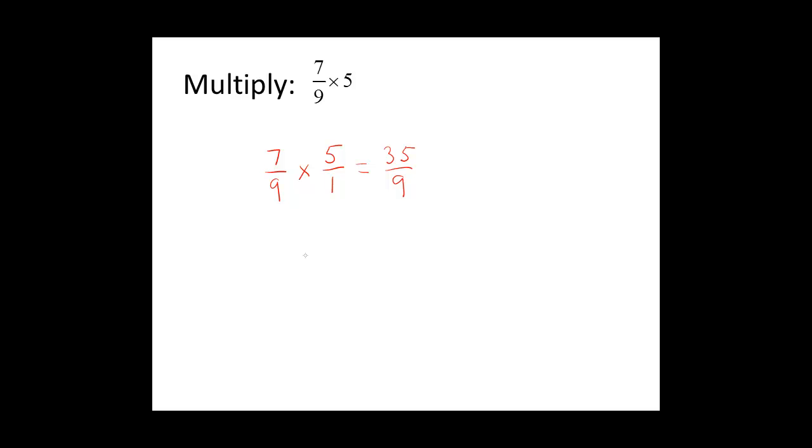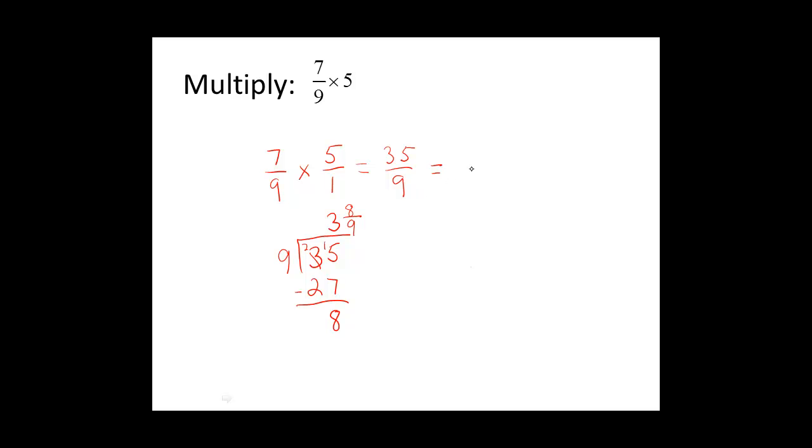We could also write this as a mixed number by putting the top number into the division house and dividing by the denominator. 9 times what gets close to 35 without going over? 9 times 4 is equal to 36, so we need to go one less, so we'll do 9 times 3. 9 times 3 is 27, and when we subtract, we get 8. 8 is our remainder, and so it is our numerator, and 9 is our denominator.